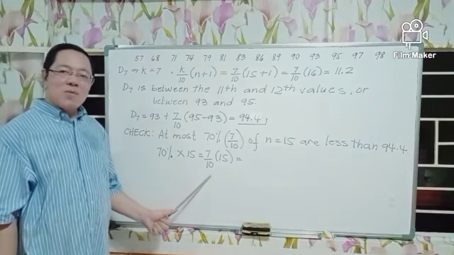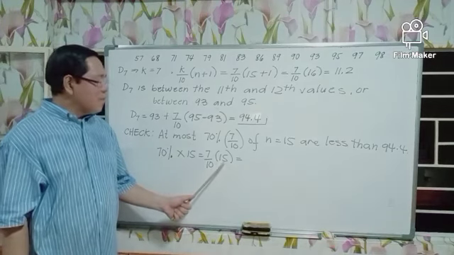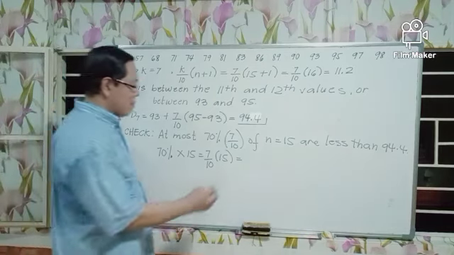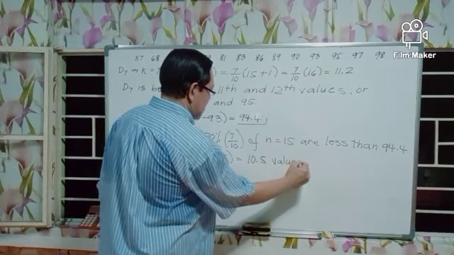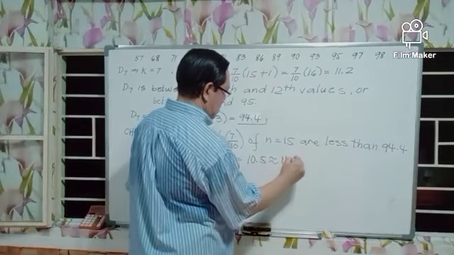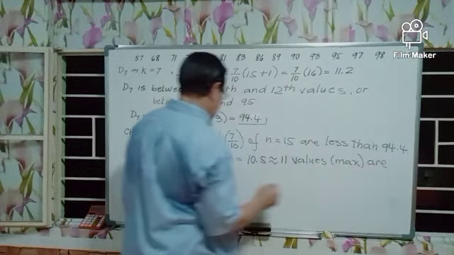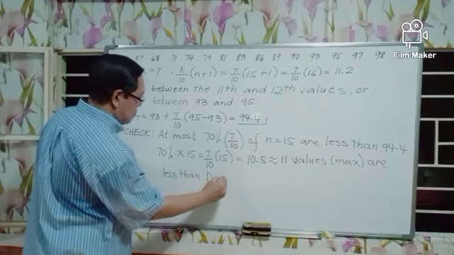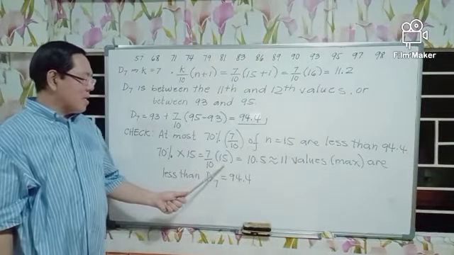And 70% is also equal to 7 over 10, so you can write 70% of 15 as 7 over 10 multiplied by 15. 15 divided by 10 is 1.5, and multiplied by 7, you get 10.5. 70% of 15 is 10.5.